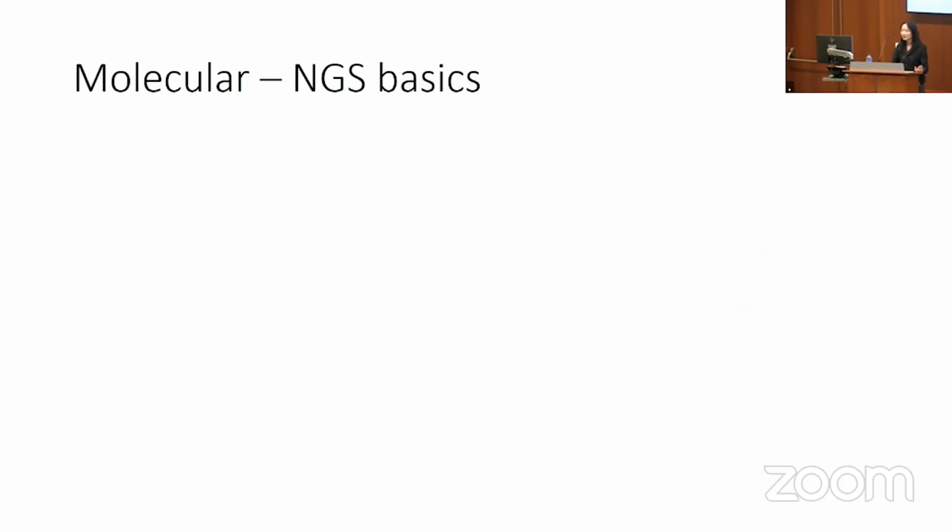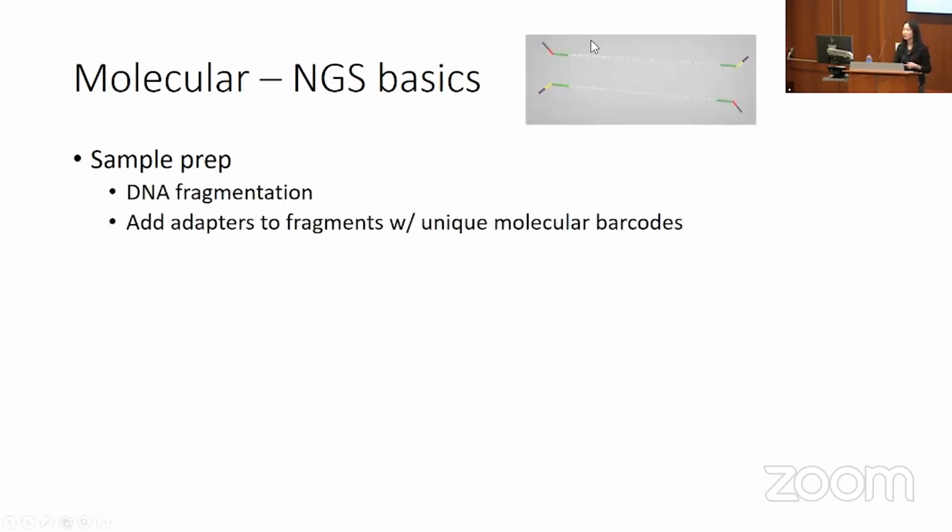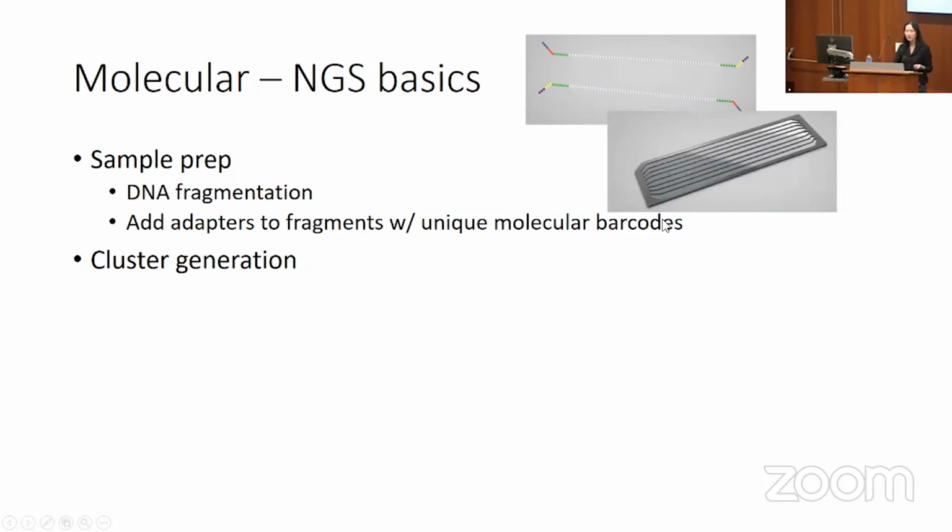So molecular NGS. Now this part is the very fine detail look at genetic abnormalities. And there are many different ways to do this, but they all go through some basic steps. So you have sample prep, in which DNA is fragmented and adapters are added to the ends for unique molecular barcodes. Then it goes through cluster generation.